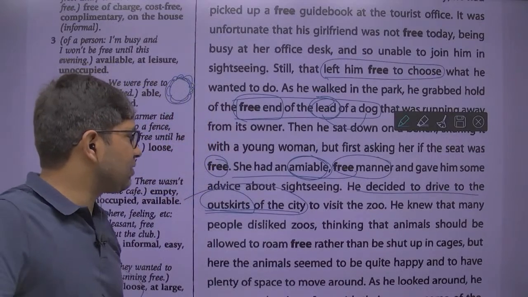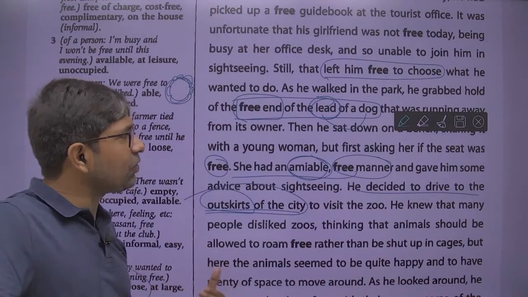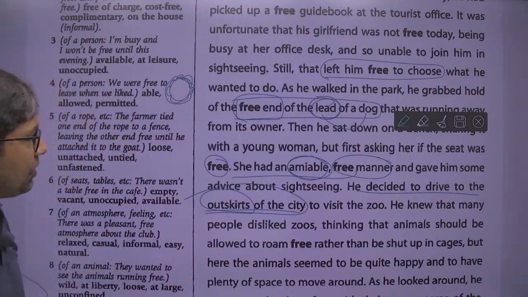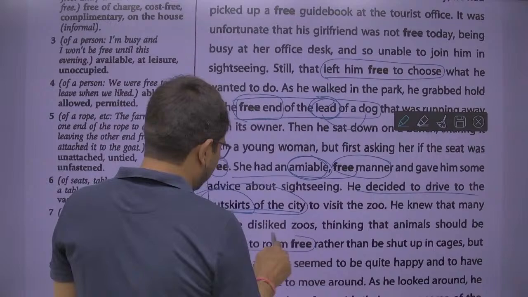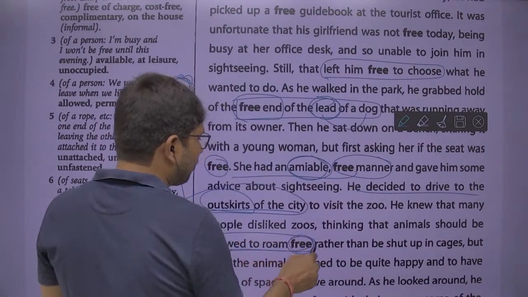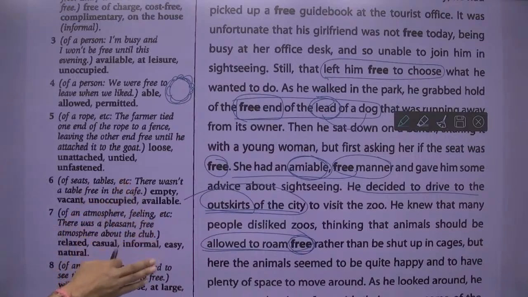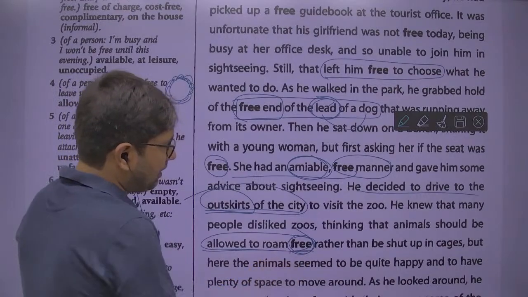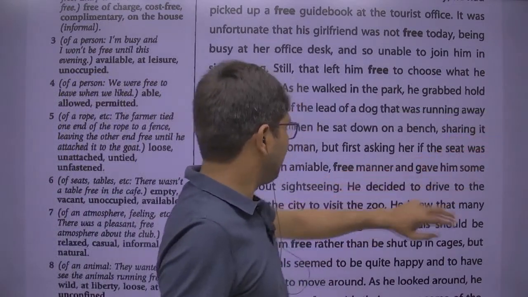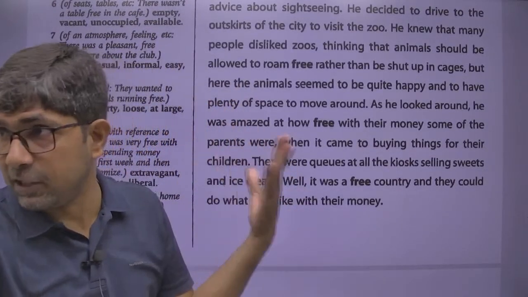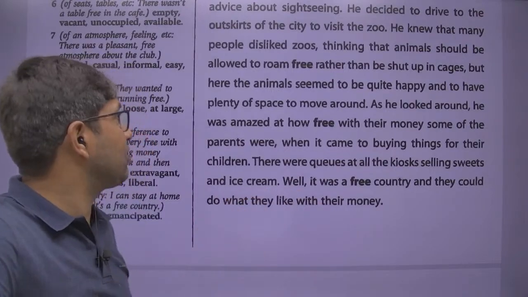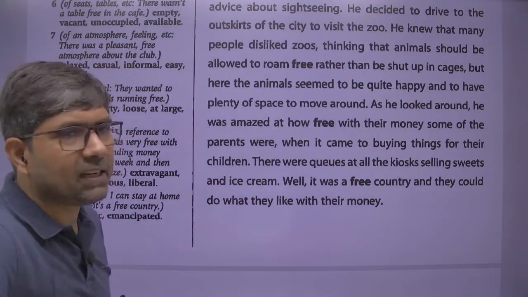So beyond the boundary, to visit the zoo, he knew that many people dislike zoos, thinking that animals should be allowed to roam free. If it is allowed to roam free, it means it is allowed to roam without any restriction, in a natural way, allowed to move freely, naturally without any restriction, rather than be shut up in cages.